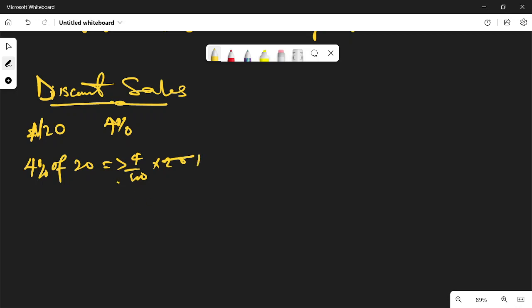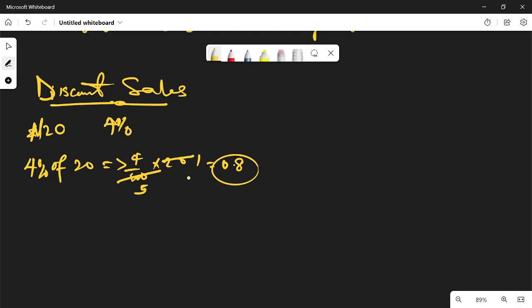So 20 here is 1, 20 here is 5, so that will be 2 times 4, that's 8. So that means you are removing 0.8 naira.